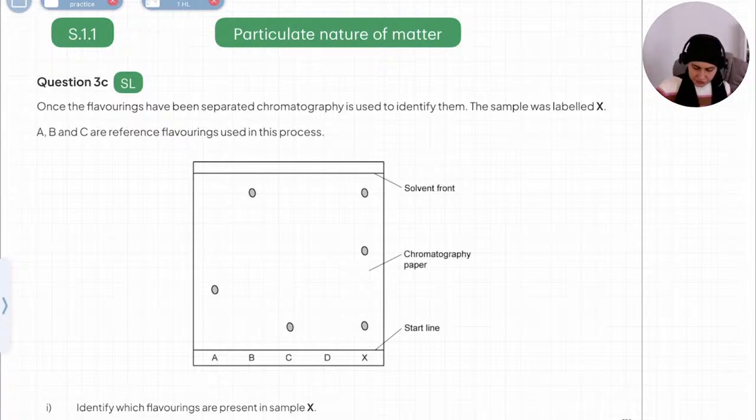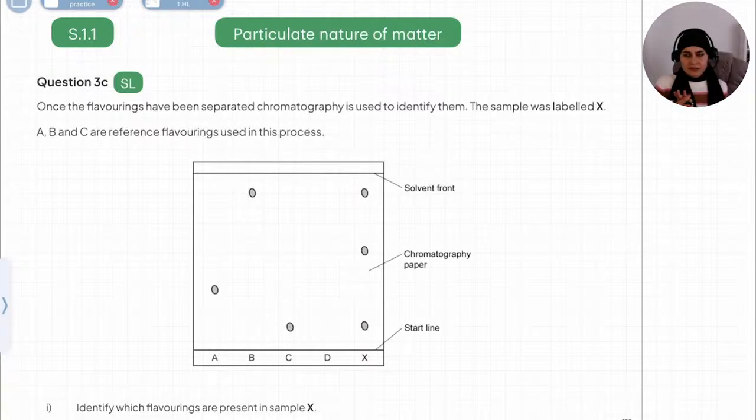The solution goes up the chromatography paper and takes the sample with it. Right, and we see that our sample has separated into 3 spots. What does it mean? Since it showed 3 spots, it means that there were at least 3 different substances that were able to separate.